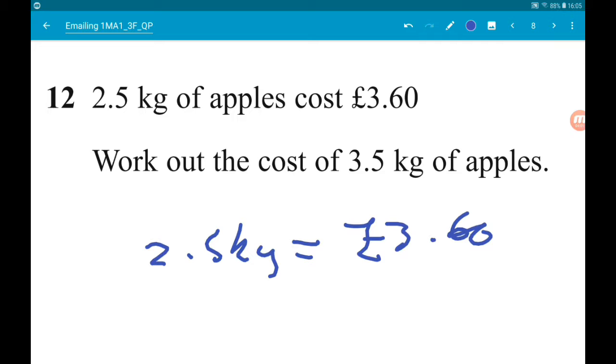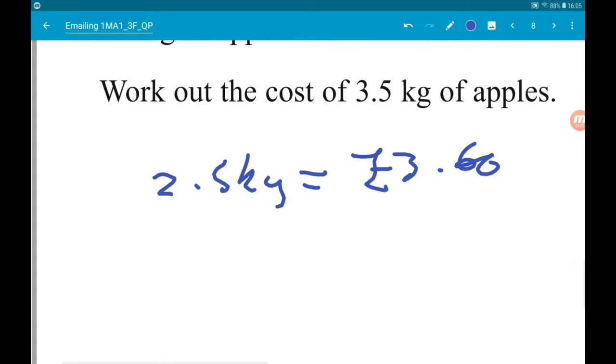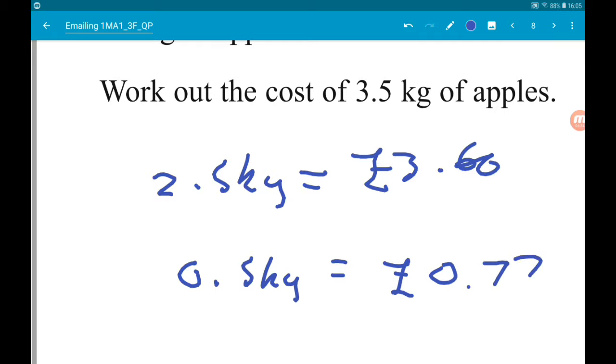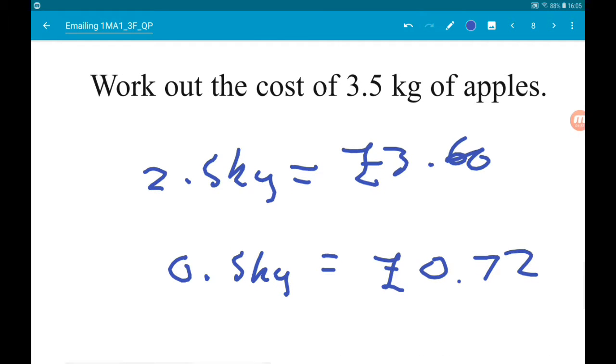So if we find the cost of 0.5 kilograms, which we can do by dividing by 5, we get 0.5 kilograms is 72p, 0.72, and then this is like 5 times tables, so we want 0.5s into 3.5s, which is the same as 5 into 35.